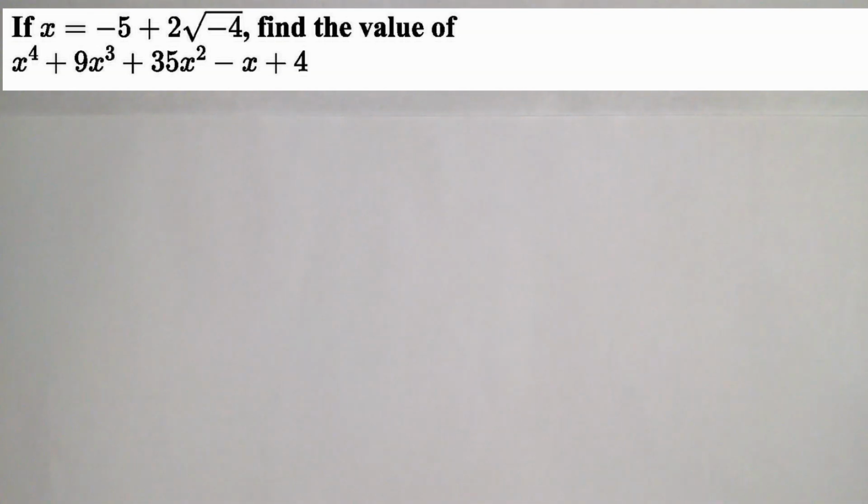If x is equal to minus 5 plus 2 root over minus 4, then find the value of x to the power 4 plus 9x cube plus 35x square minus x plus 4.